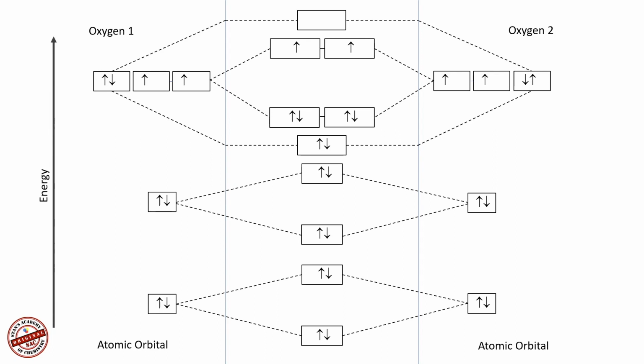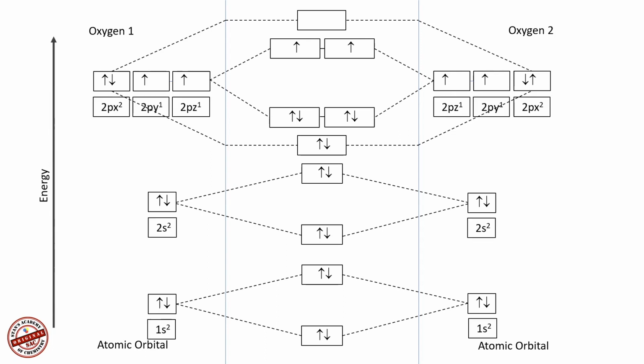The remaining 4 electrons will go into the pi 2py, pi 2pz, and we have 2 more electrons remaining, which go into the pi star 2py and pi star 2pz. I didn't label it here deliberately.